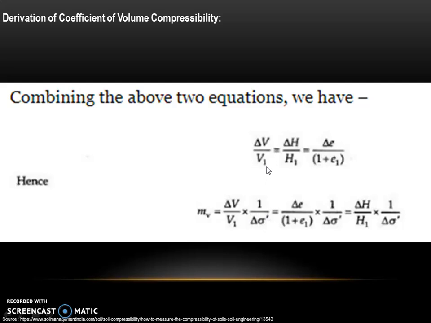We have already got the equation for delta V divided by V1 as delta e divided by 1 plus e1. So that is substituted over here, and delta sigma dash as it is. And delta e divided by 1 plus e1 can be written as delta H divided by H1, and again delta sigma dash as it is. So coefficient of volume compressibility mv is equal to change in height of the specimen to the original height divided by change in effective stress.